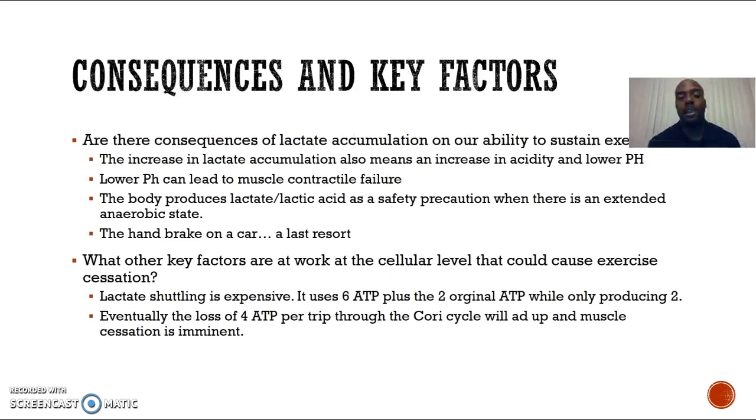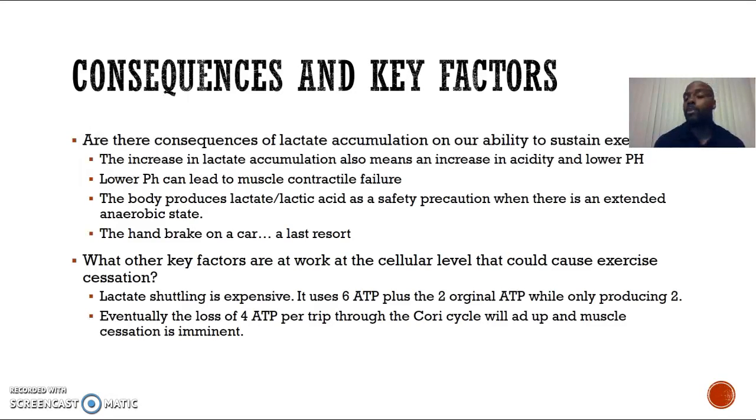What are the consequences of lactate accumulation on our ability to sustain exercise? The increase in lactate accumulation also means an increase in acidity and a lower pH. Lower pH can lead to muscle contractile failure, so the muscles stop contracting.